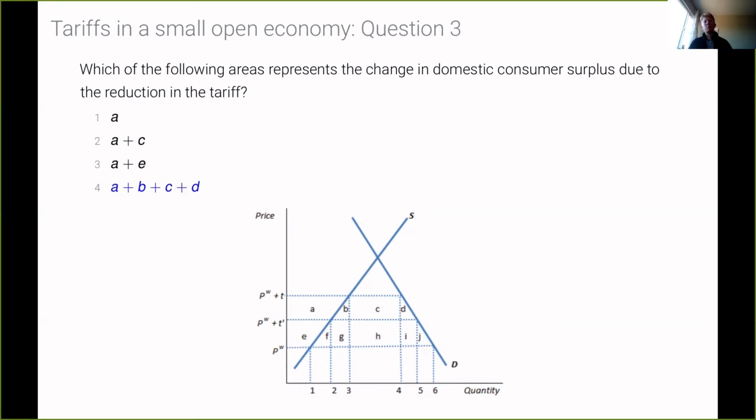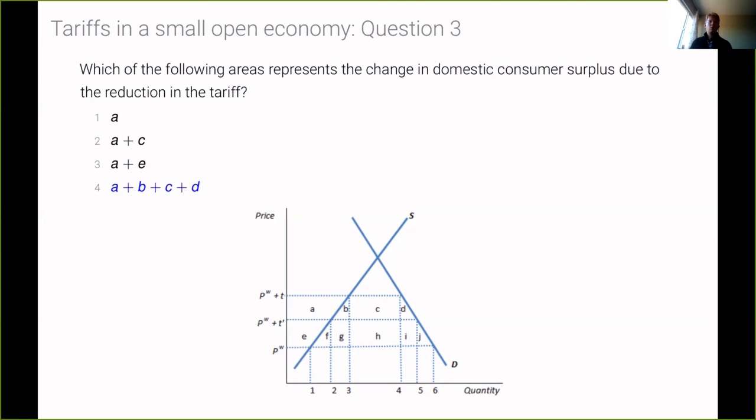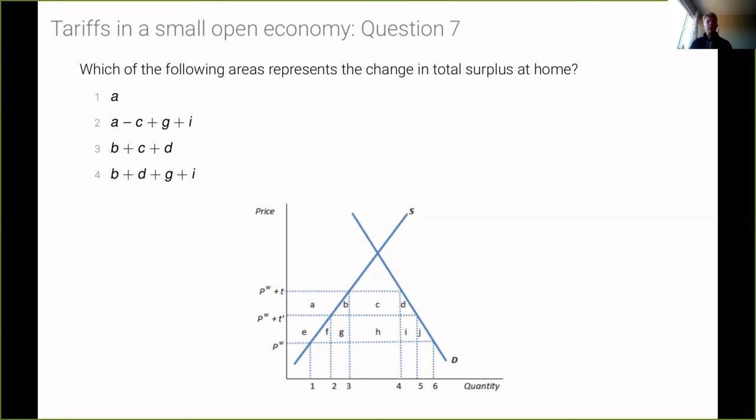Consumers gain A plus B plus C plus D. Producers lose A. So on net, if we add negative A and A together, we have B plus C plus D. Then the government is gaining G plus I minus C. So from before we had B plus C plus D, and now we have B plus D plus G plus I. And so that should be the change in total surplus at home.